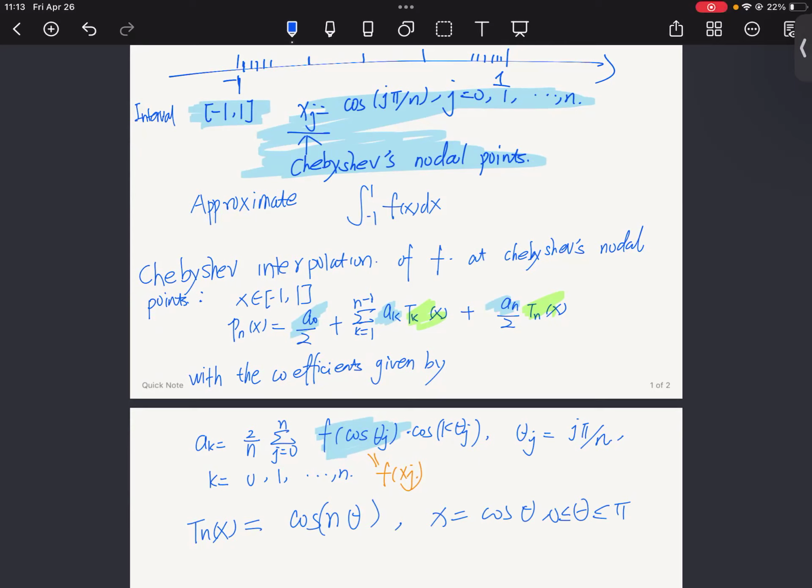Does it make sense? Because on this interval, this cosine function is... let me just draw the picture here. This is the cosine function.